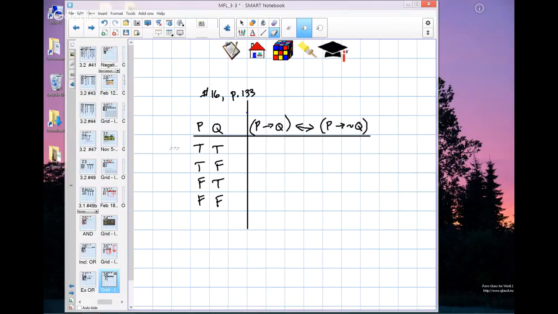So we're supposed to make a truth table for this. The good news is we only have two letters here, P and Q. So praise the Lord, we only need 4 lines, and we've got the standard setup here on the left. So there's nothing new there at all.